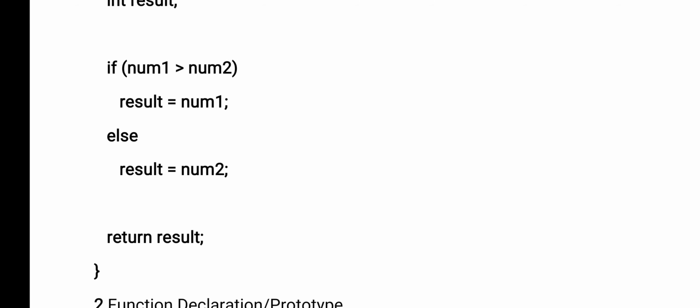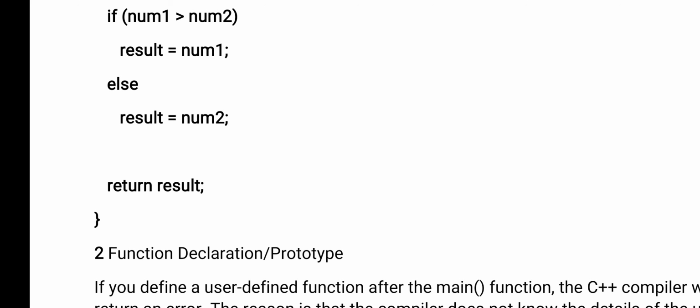Here we are writing the function to check which number is the biggest among two numbers. If number1 is greater, we give number1; if number1 is less than number2, we give number2. We are returning the result back to the main function by using the return statement.